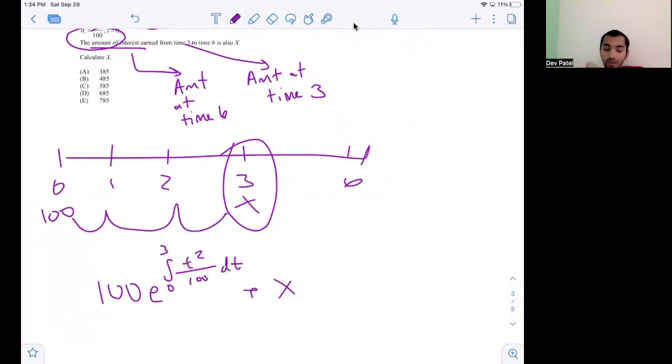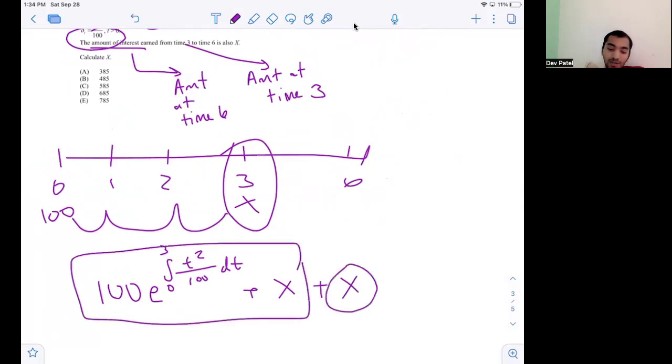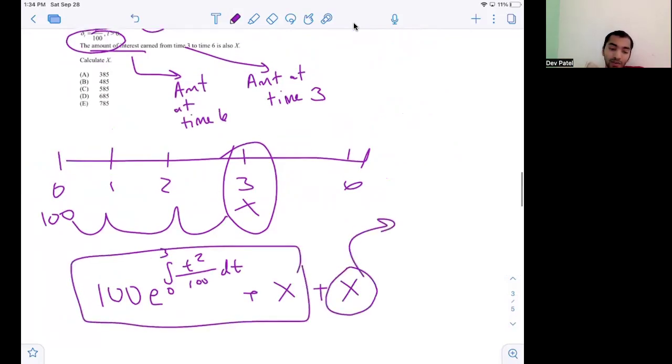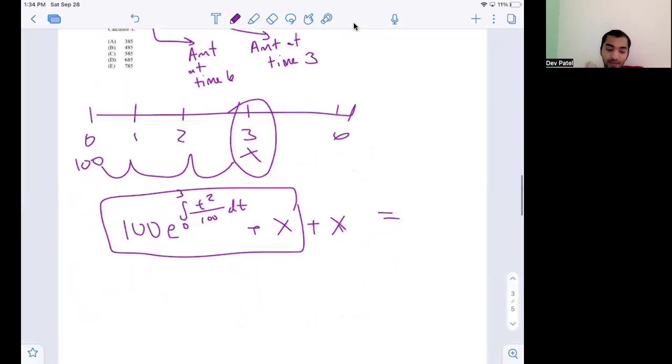Now if we add an additional x, this is the interest that we have. We know that the amount of interest earned from time 3 to time 6 is also x, so that's where this additional x is coming from. Now that should equal the total value that we have at time step 6. What's the value that we have at time step 6?